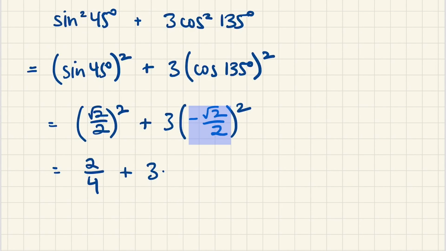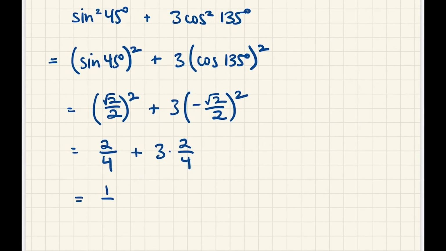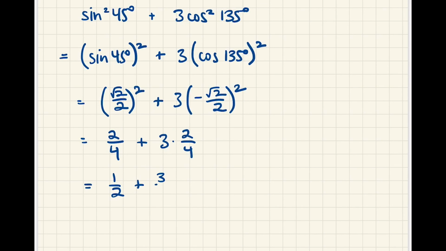Now, this is a negative quantity being squared, which will become positive. And again, we're going to get 2 over 4 when we square that thing. So this is like 1/2 plus 3/2 when you reduce those fractions, which is 4/2 or 2. So final answer, that whole thing just evaluates to 2.